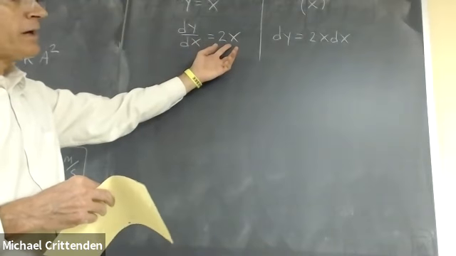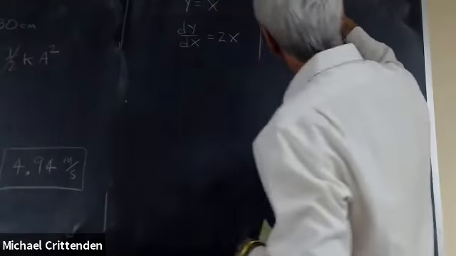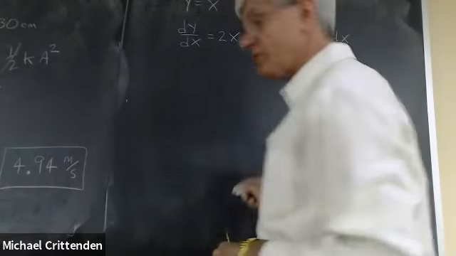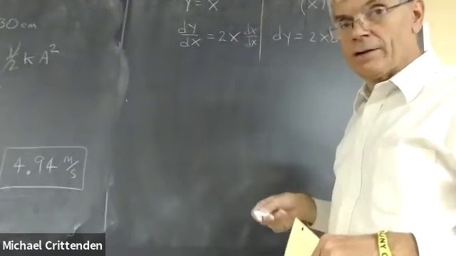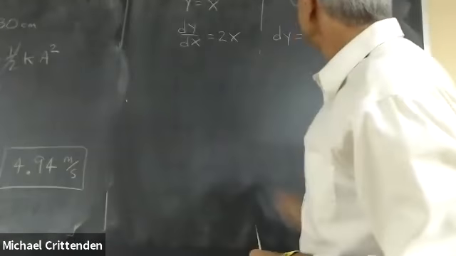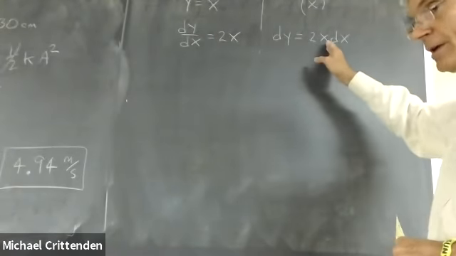Actually, the chain rule applies here also, but when you do the derivative of what's inside the parentheses, that's equal to dx over dx, which is just equal to 1, and so nobody ever bothers to write it down. But anyhow, that's the distinction between a derivative and a differential.